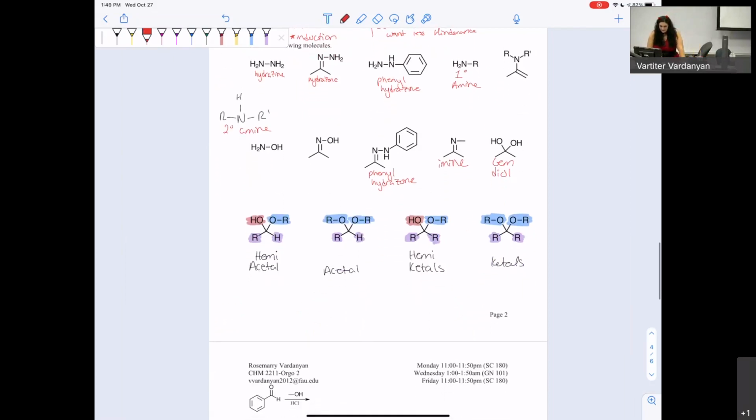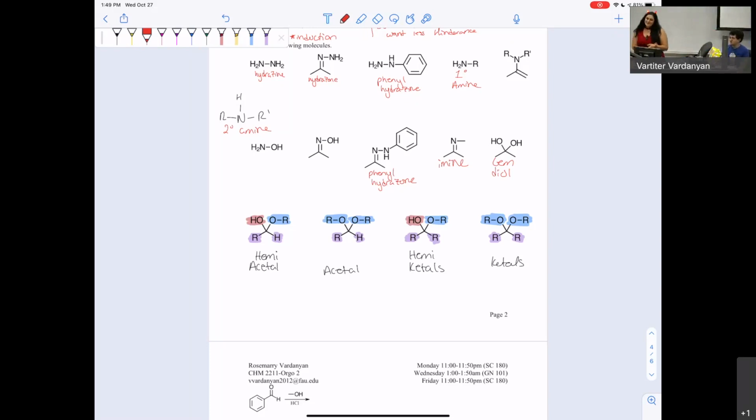Let me zoom out so we can look at it. Just a one-minute quick summary. Acid catalysts do what to a reaction? They make the electrophile more electrophilic. What do bases do? Make the nucleophile more nucleophilic. Cool. Primary amine plus a ketone, what does that make?